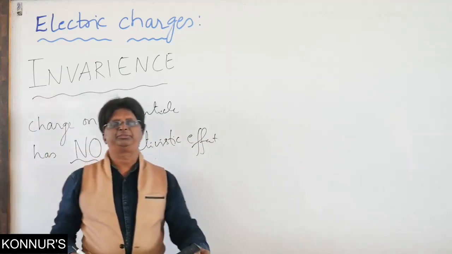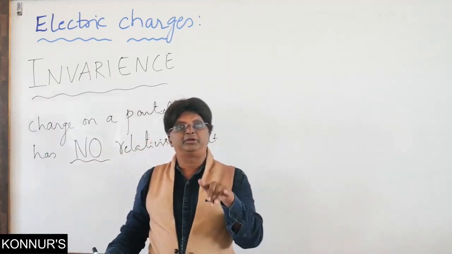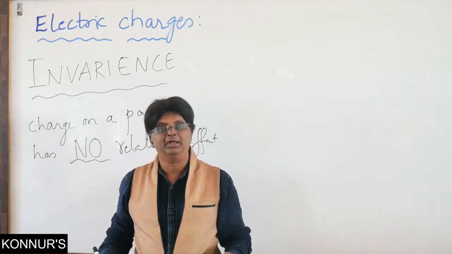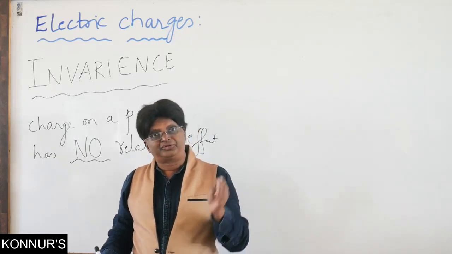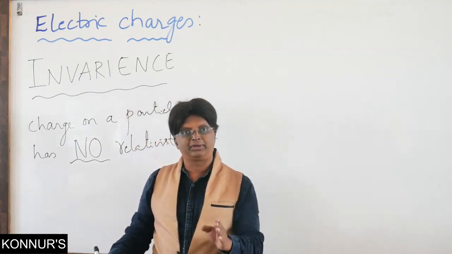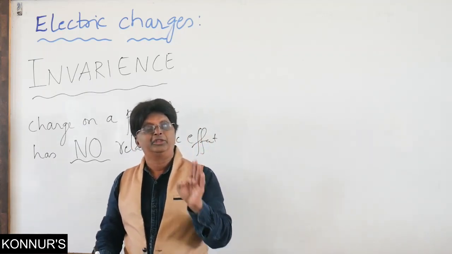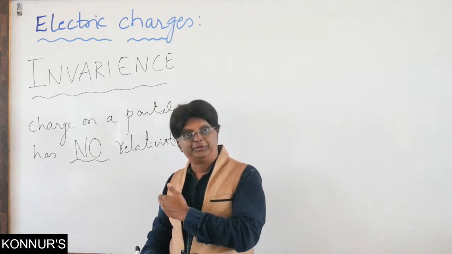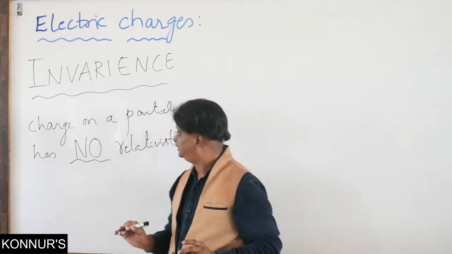Again, now we can give a statement. Earlier we thought mass is the fundamental quantity. Mass is not a fundamental quantity. It undergoes relativistic effect. In fact, charge is the most fundamental quantity of matter, one can say, because it is not changing even with respect to relativistic effects. No change.